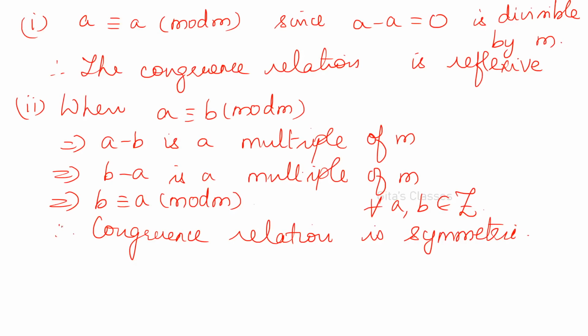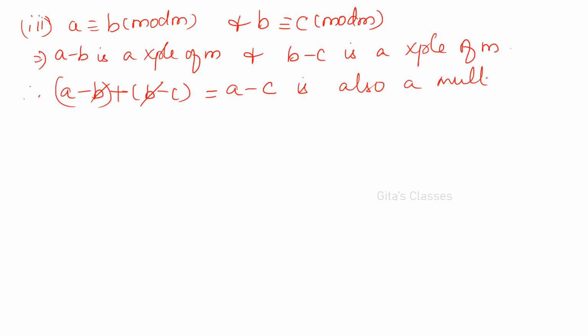Then the third one, let us assume transitive. You have to prove that it is transitive. Let us assume that A is congruent to B mod m and B is congruent to C mod m. That implies A is congruent to C mod m. Therefore, we have proved that A is congruent to B mod m and B is congruent to C mod m implies A is congruent to C mod m.